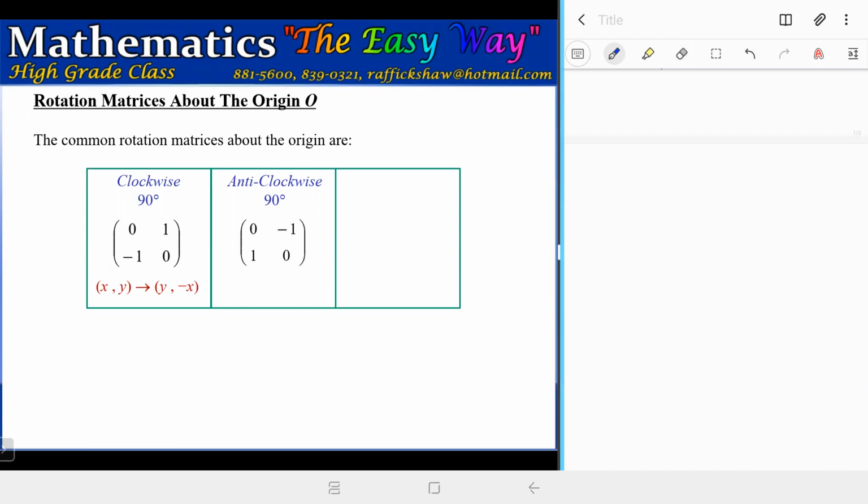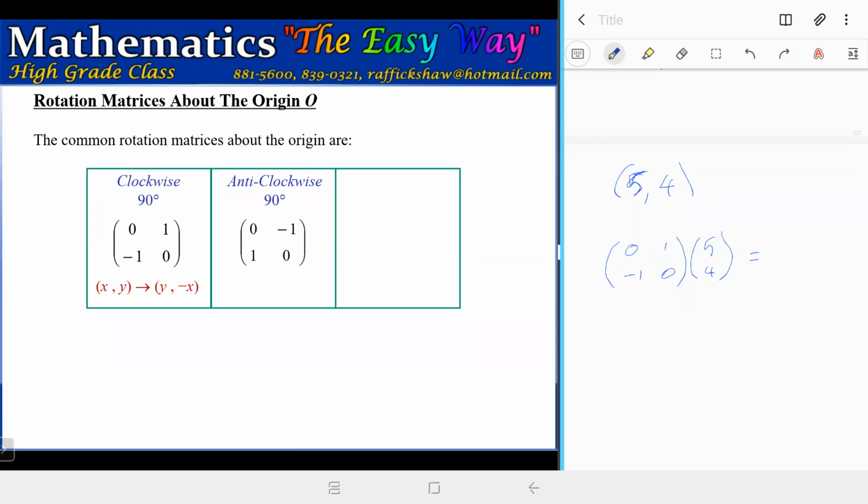So for example, if I have a point (5, 4), and the point (5, 4) is rotated clockwise 90 degrees about the origin, and I want to know where that point is going to go when I rotate it, I can use the matrix to work it out. 0, 1, negative 1, 0. I multiply it by (5, 4). So 0 times 5 is 0, and 1 times 4 is 4.